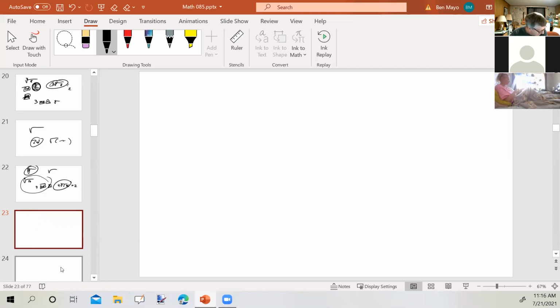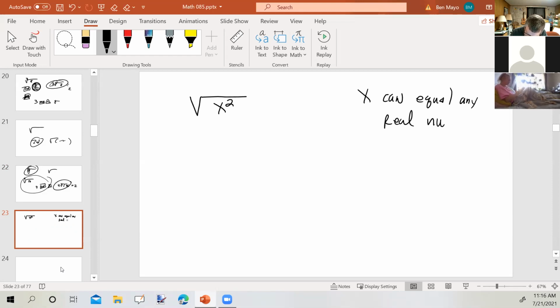What does that mean? Well, for instance, let's take the square root of x squared, all right? By saying that the variable is unrestricted, that means that x can equal any real number, okay?